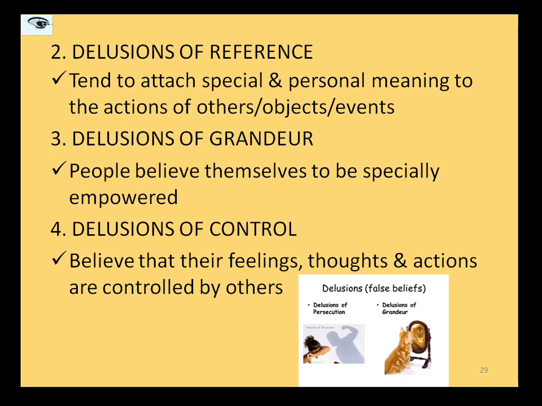Then we have the delusion of grandeur, where people start believing that they are especially empowered. They start thinking highly of themselves, that they are at a certain position and are quite powerful. They consider themselves extremely empowered.